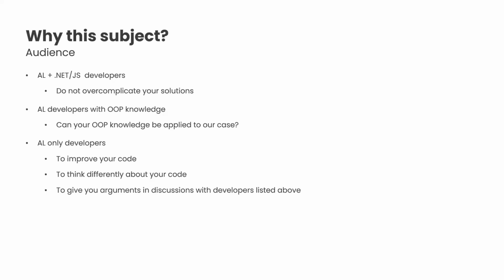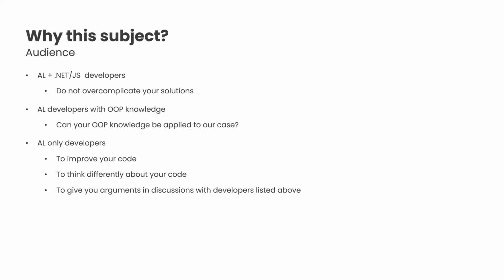So first, who is the audience of this presentation? It's for all types of developers that are working with Business Central. So I want to address those developers that know AL and also know .NET or JavaScript. They are working with both of those languages, all of those languages.